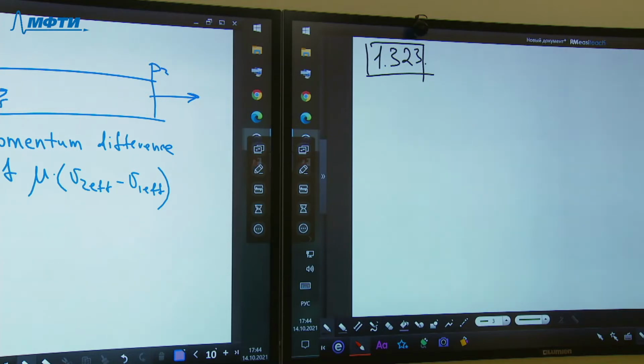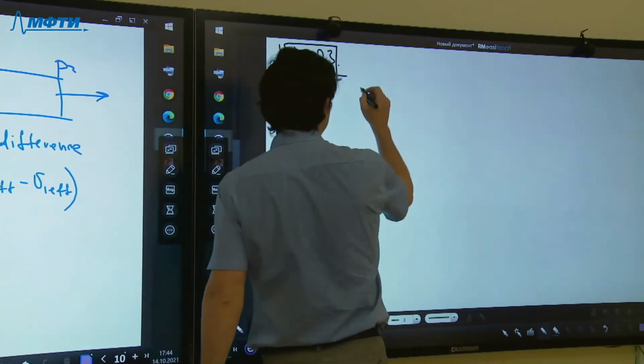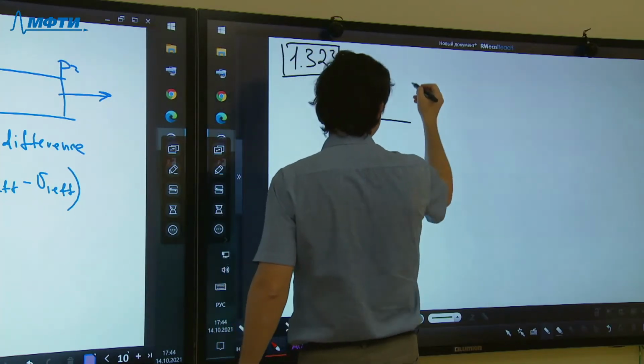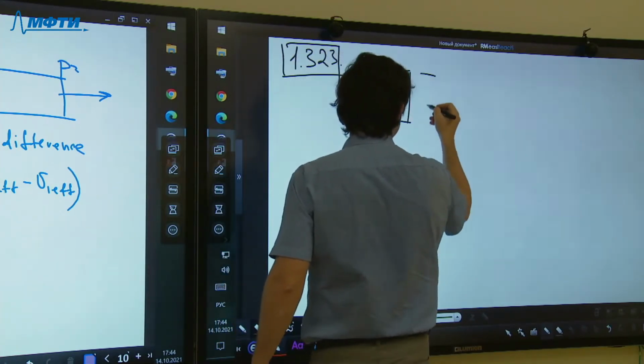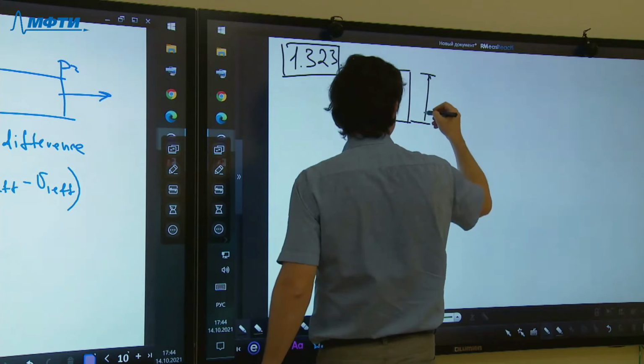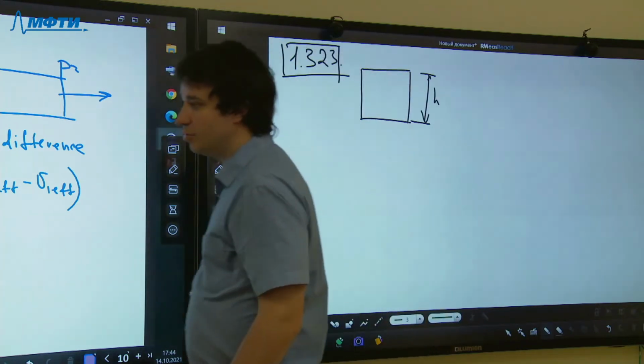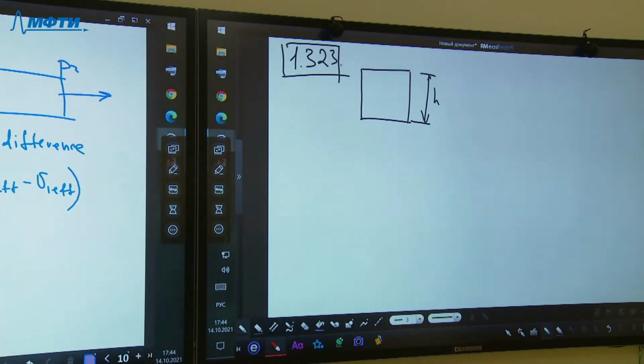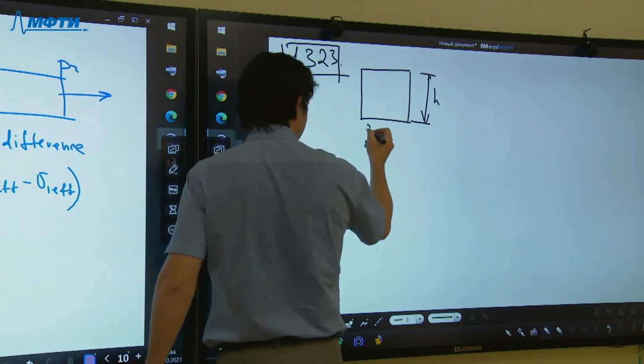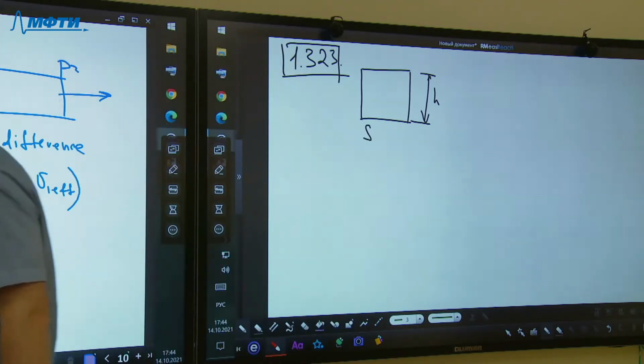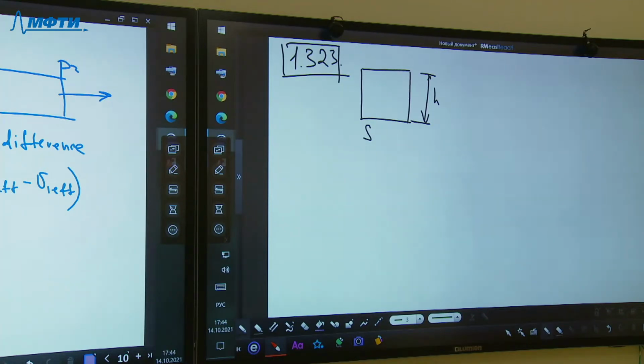So it says that a cylindrical vessel of height h and base area S is filled with water.